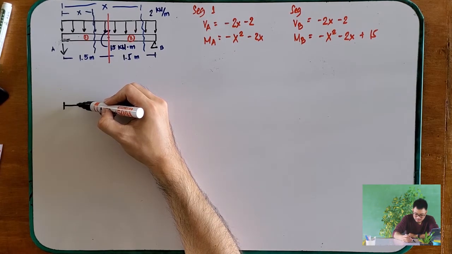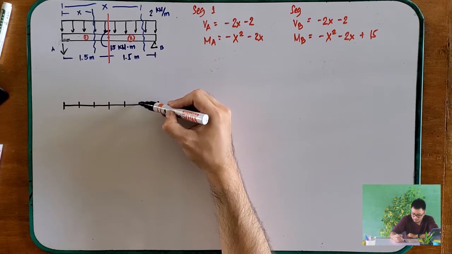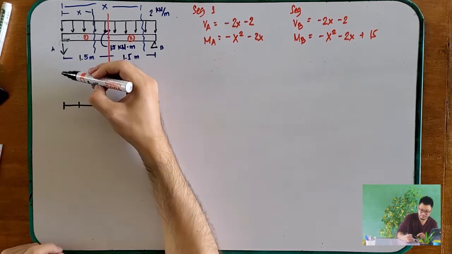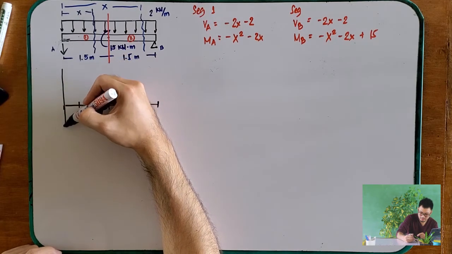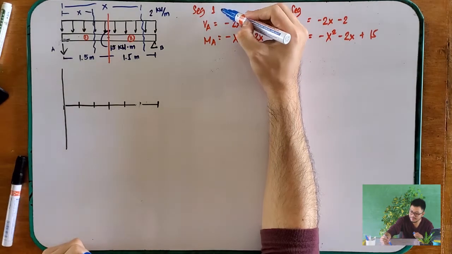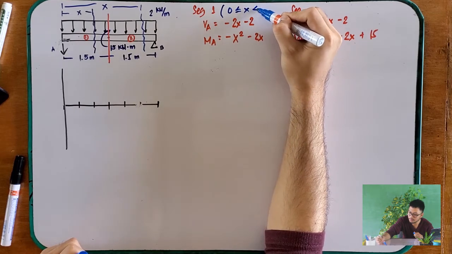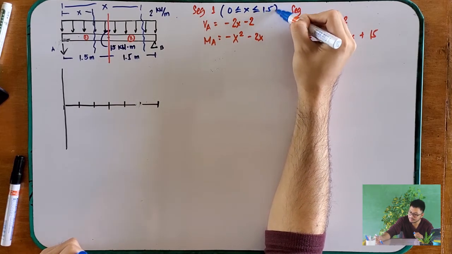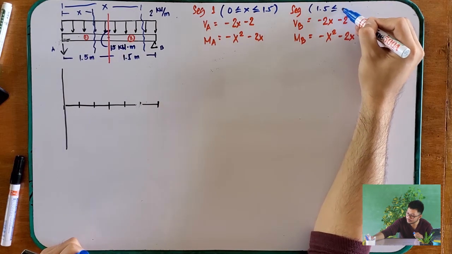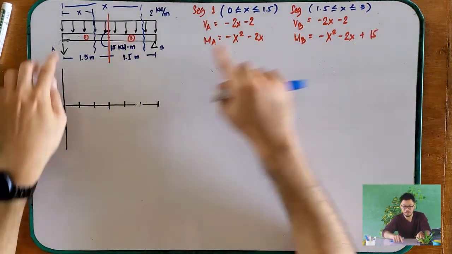So 0.5, 1, 1.5, 2, 2.5, 3. Then we make the y-axis. Again, this is from 0 to 1.5. And this is from 1.5 to 3, the whole length.